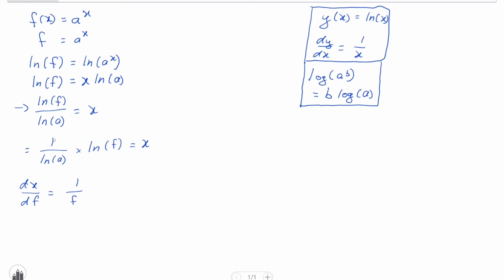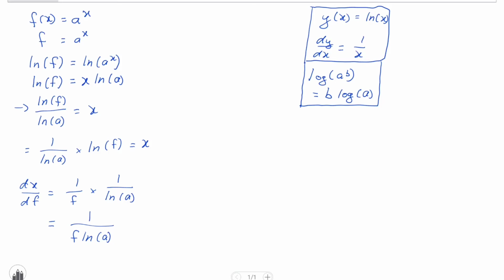And all of this is just a constant, so that stays as it is. So that's 1 over natural log of a. Okay, so all of this is just equal to, if we simplify it a little bit, 1 over f natural log a.